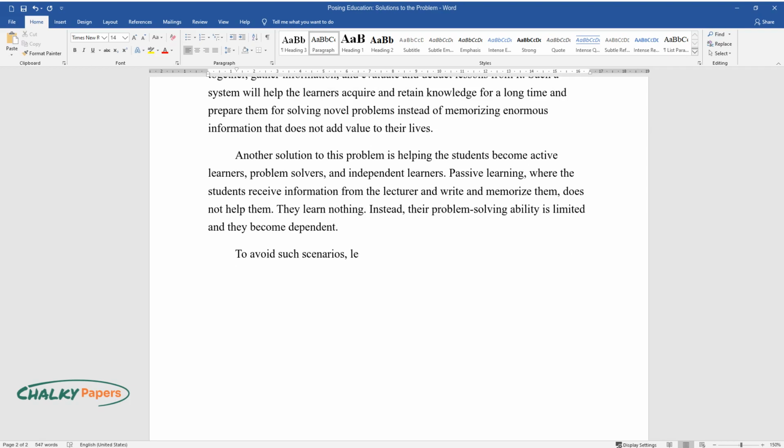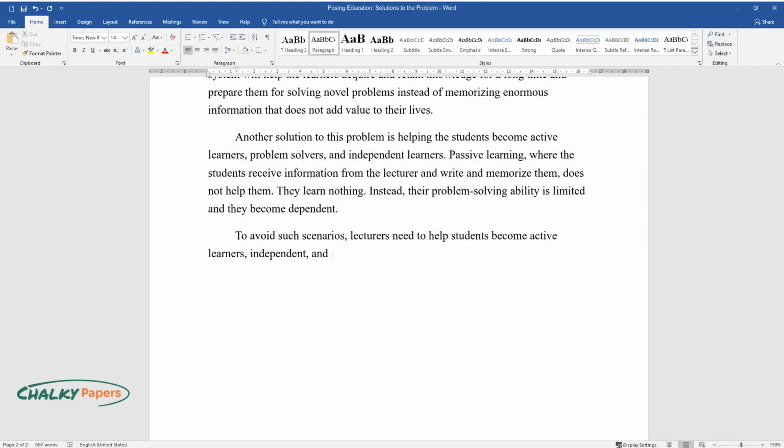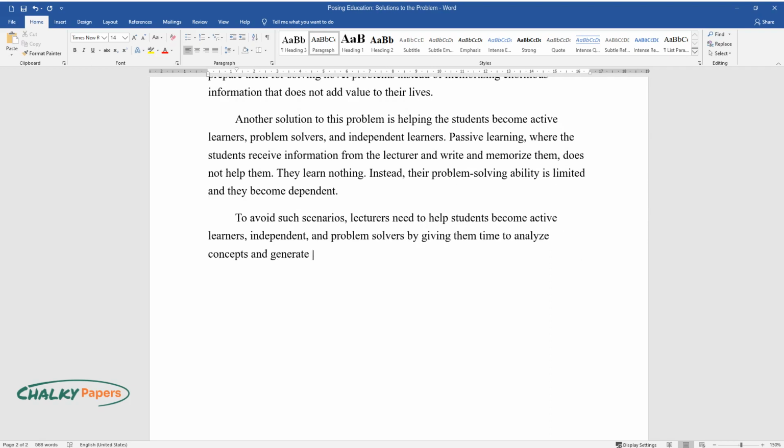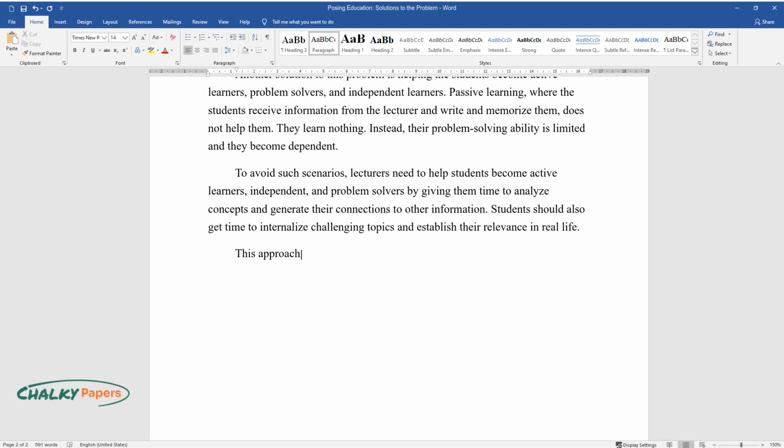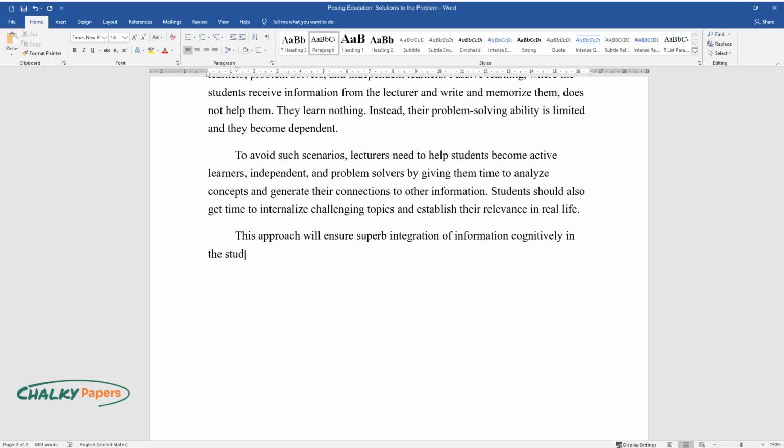To avoid such scenarios, lecturers need to help students become active learners, independent, and problem solvers by giving them time to analyze concepts and generate their connections to other information. Students should also get time to internalize challenging topics and establish their relevance in real life. This approach will ensure superb cognitive integration of information in the students' minds and a better understanding of it.